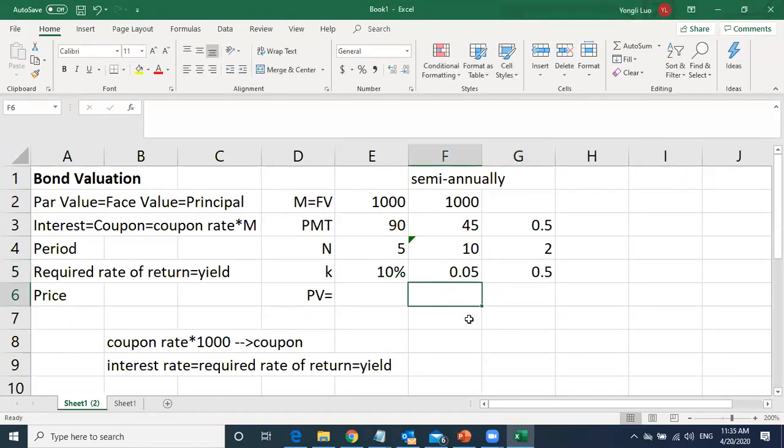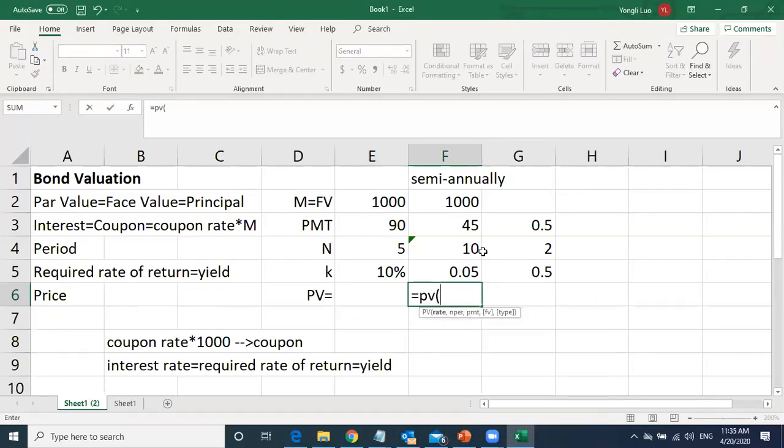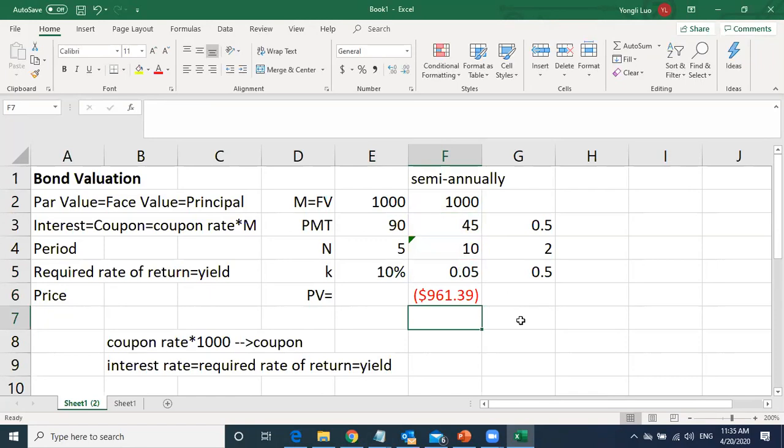So your future value is going to be the present value, the rate, the number of time periods, and your payment, and your future value. You need some adjustment so that you can get the semi-annual payment. So the bond price will be 961.